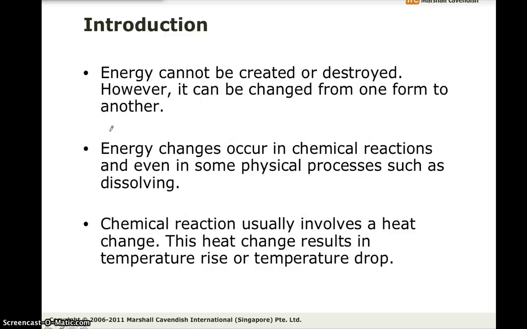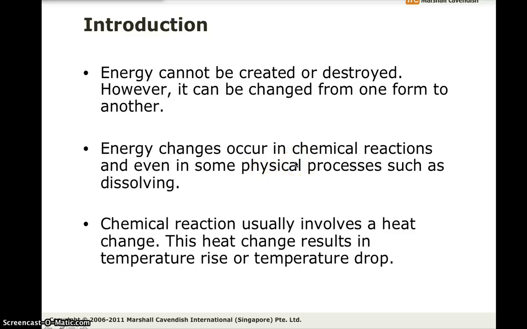Okay, now introduction. You should be well aware that we cannot create nor destroy energy, but we can actually convert energy from one form to another. Second point is very important. Energy changes occur in chemical reactions as well as physical processes.